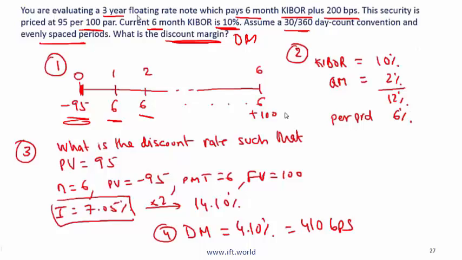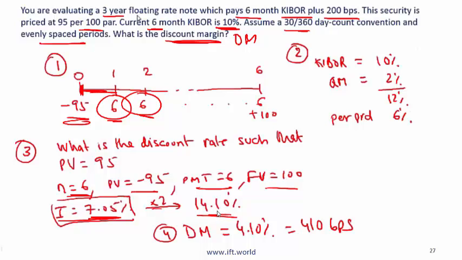All right. Now, what do you plug into your calculator? PV is -95, N is 6, payment is also 6, FV is 100, and you compute the interest rate, which is 7%. But this is the interest rate for a period. So you then double that and you get 14.1.